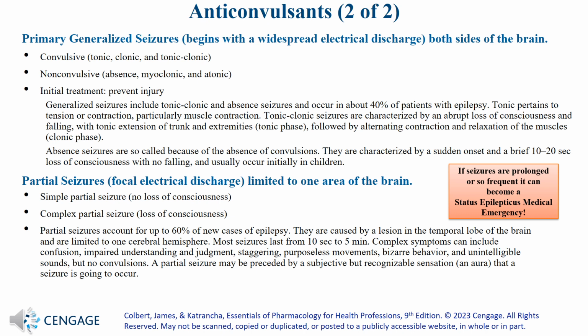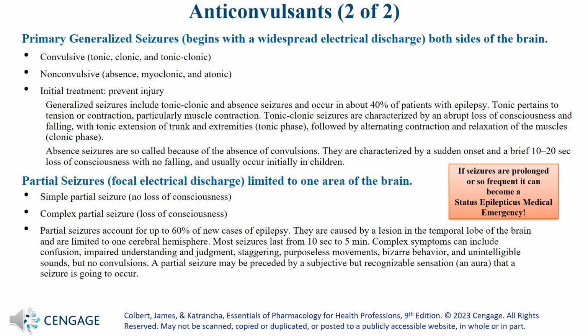Most seizures last from 10 seconds to 5 minutes. Complex symptoms can include confusion, impaired understanding and judgment, staggering, purposeless movements, bizarre behavior, and unintelligible sounds but no convulsions.